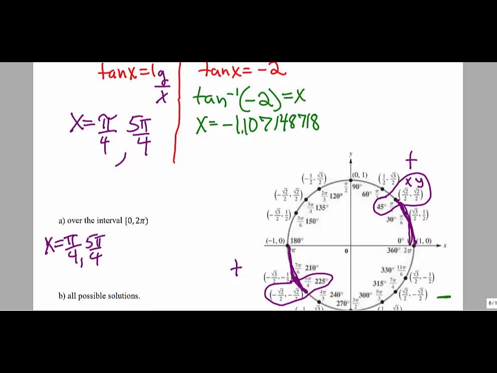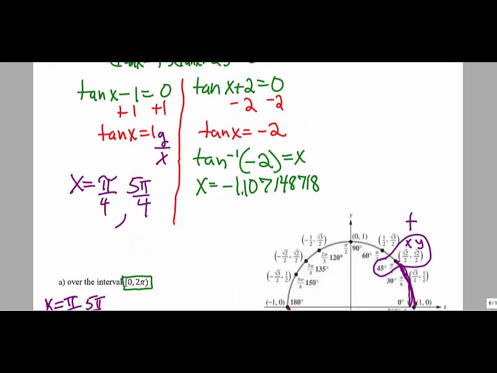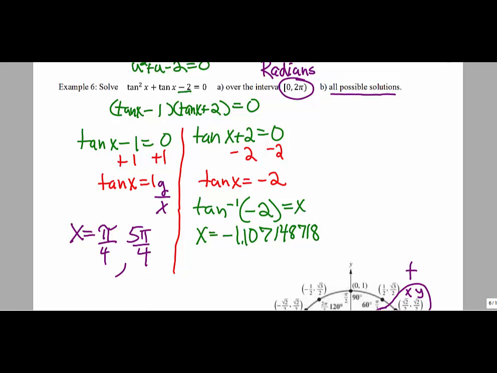Well, we don't want this because this is not within our interval. Remember, the interval that we were looking for down here was from 0 to 2 pi. Well, this is a negative value, and the negative value would be less than 0, and that does not fit in our interval. So let's think about where this would be on our unit circle. I'm going to draw a little separate circle up here.